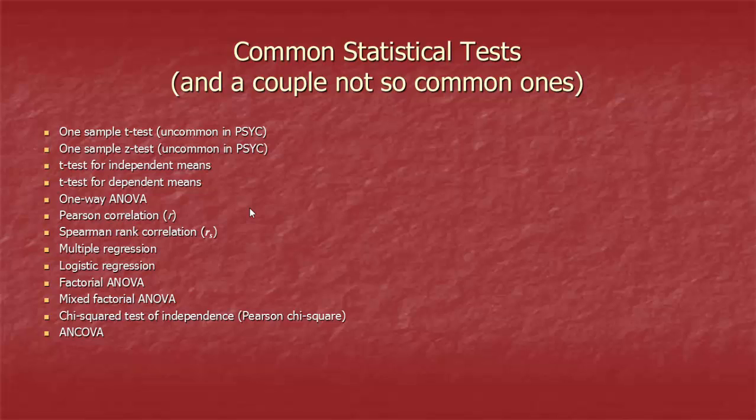And the last statistical test, which we won't really be doing in this class but is important enough for you to at least be familiar with, is called an ANCOVA. By the way, ANOVA stands for Analysis of Variance.